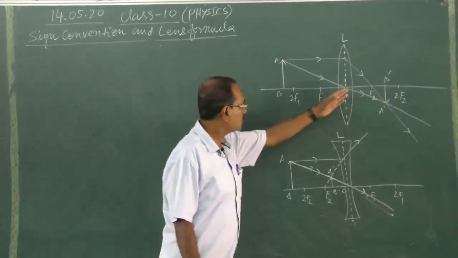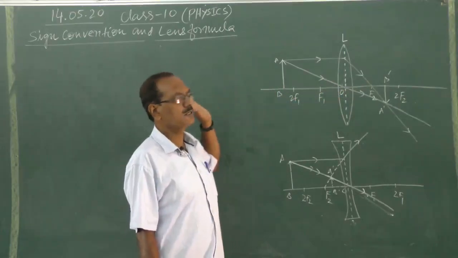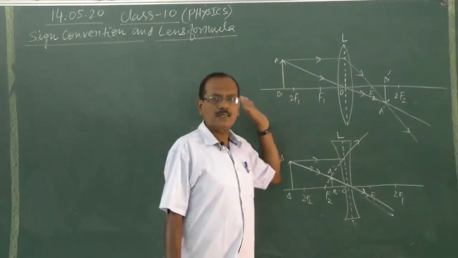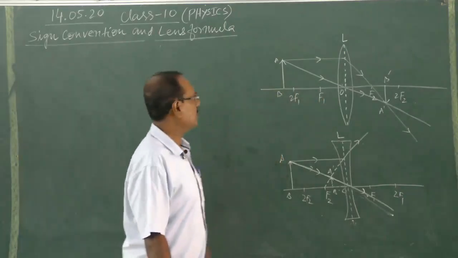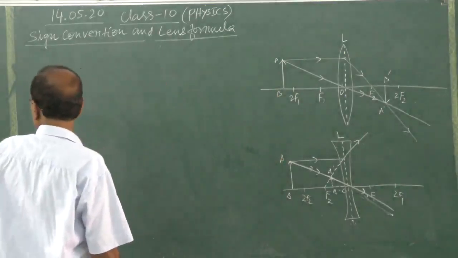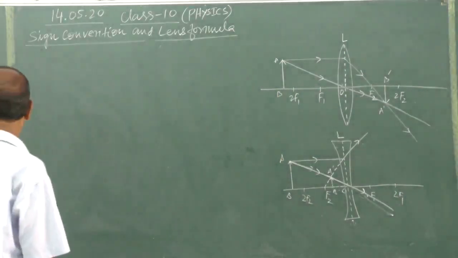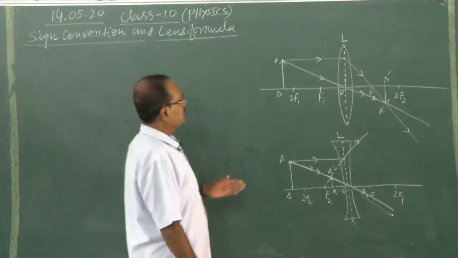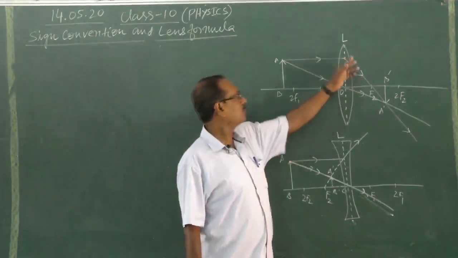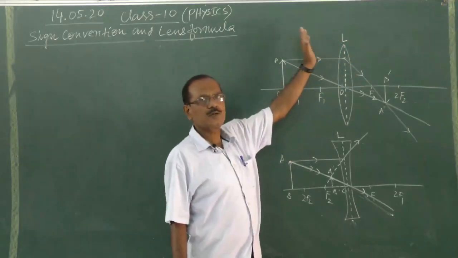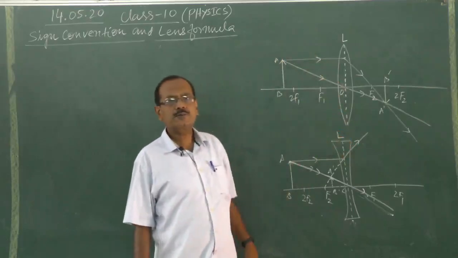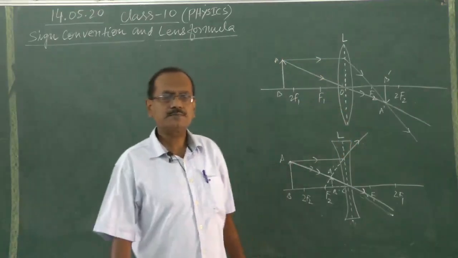Opposite to the direction of incident ray will be considered negative. Is it clear? Again, the length taken above the principal axis will be positive. Length taken below the principal axis is negative.